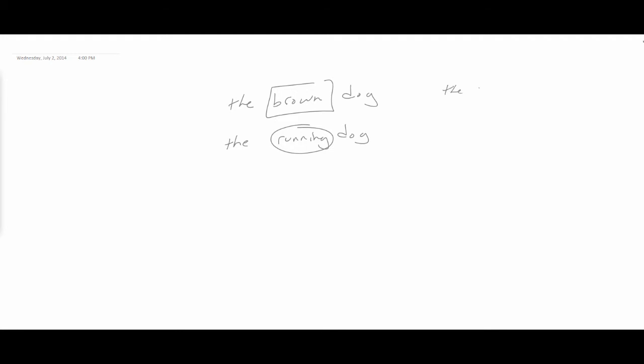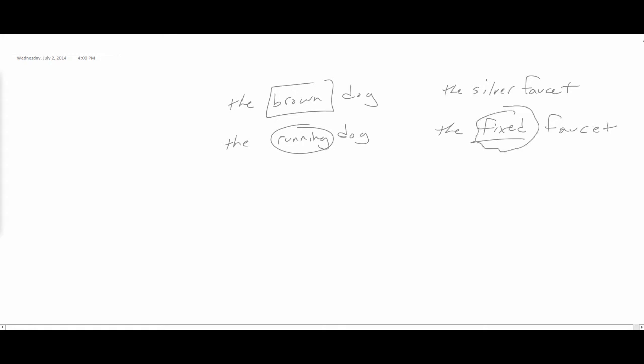We could talk about the silver faucet. Silver doesn't really have a verbal quality to it. Or we could talk about the fixed faucet. Fixed again is an adjective. It describes the faucet, but it's built on a verb stem. It has a verbal quality to it.